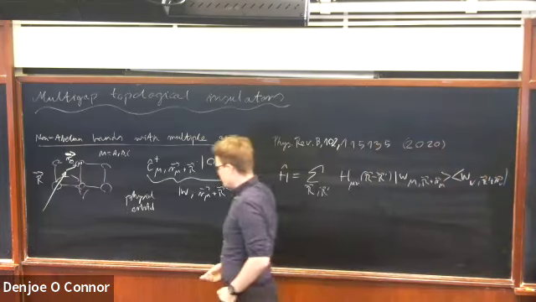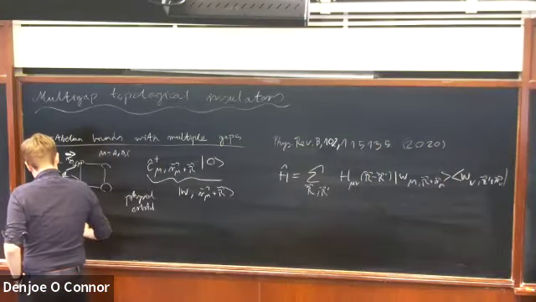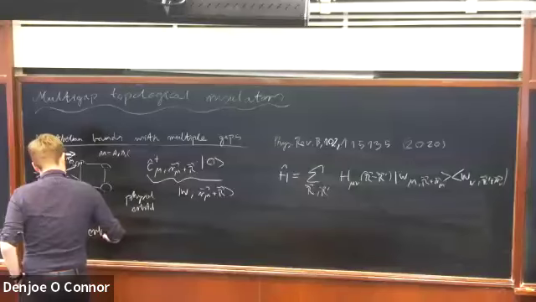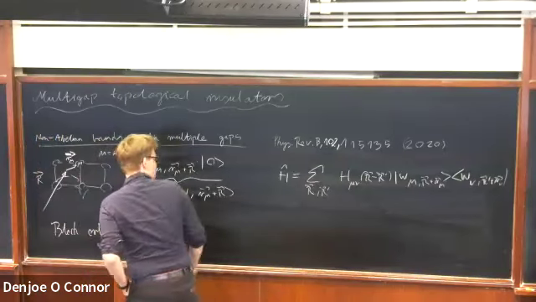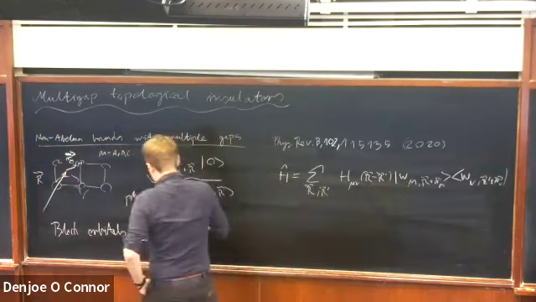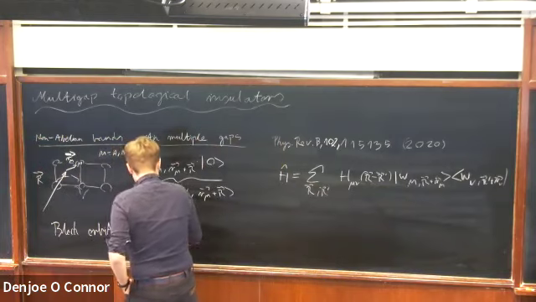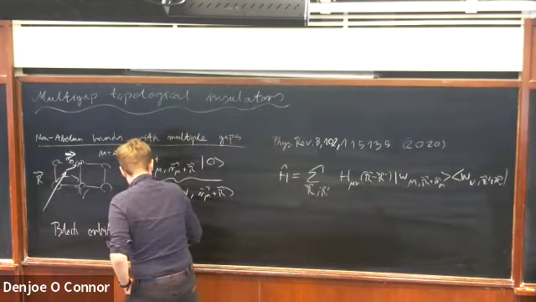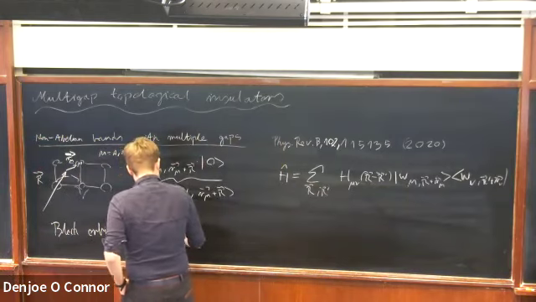To write it in terms of a momentum space basis, we will introduce Bloch orbitals, basically just by Fourier transforming from our real space physical orbital basis. So let me just very quickly.